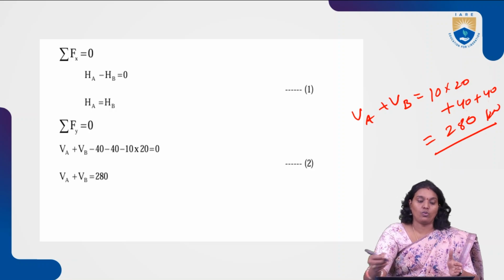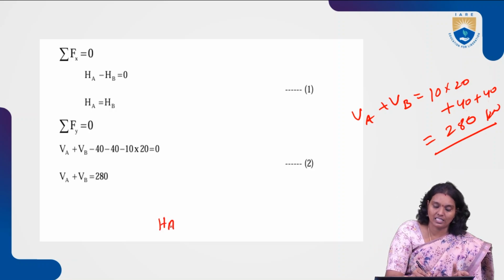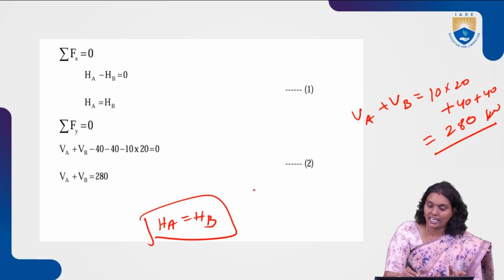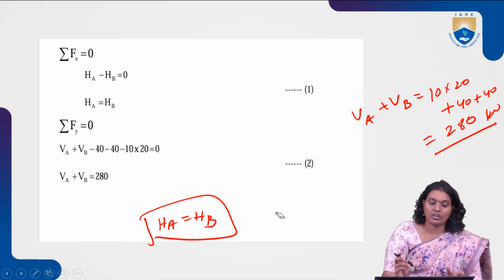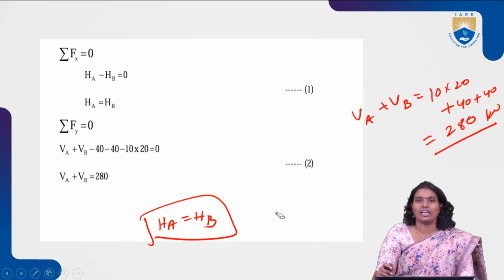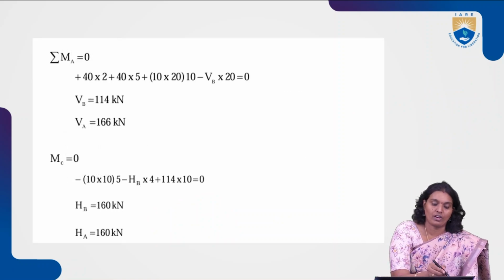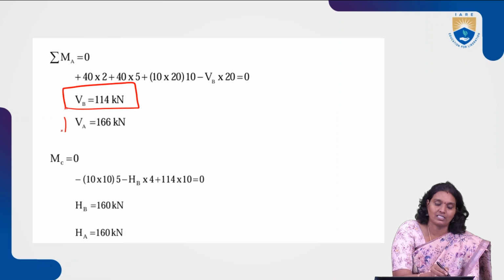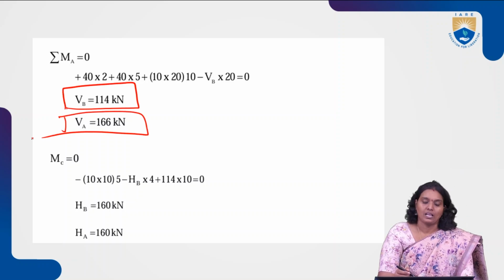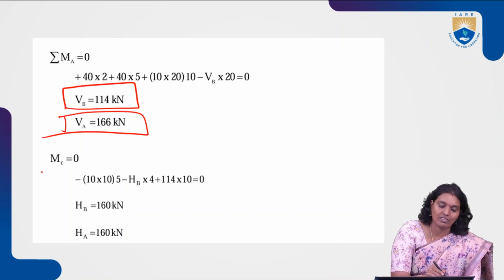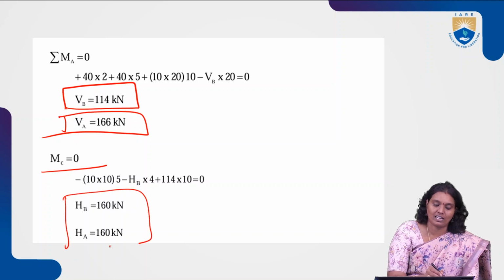And we know these horizontal reactions HA is equal to HB. So the total vertical reaction at points A and B is equal to 280, and the horizontal reactions at A and at B are similar. So we find the moment with respect to A; according to that, we identify the vertical reactions at both points A and B. Similarly, moment with respect to C gives the horizontal reactions.